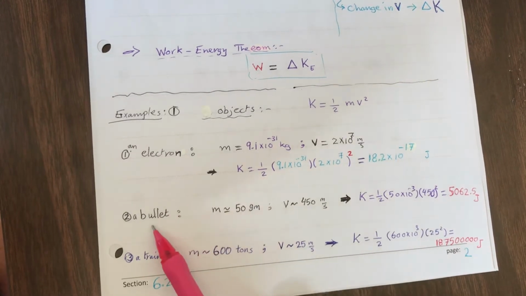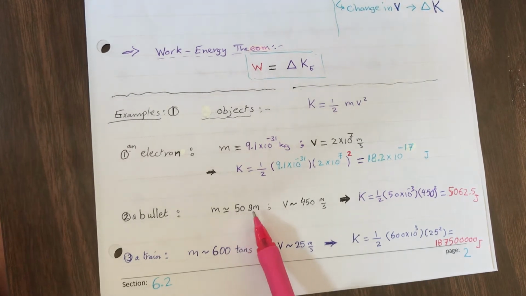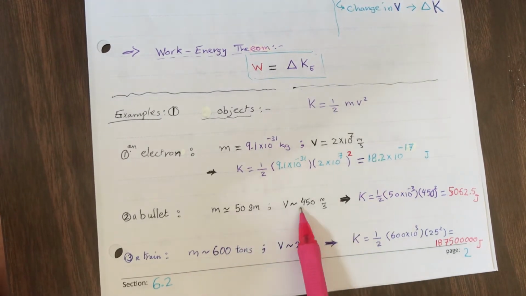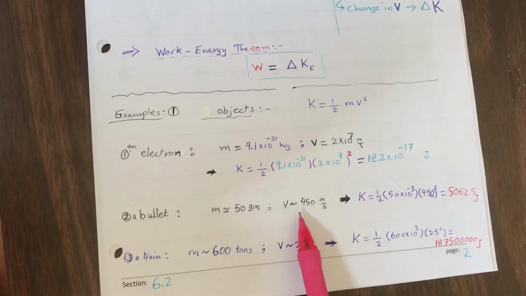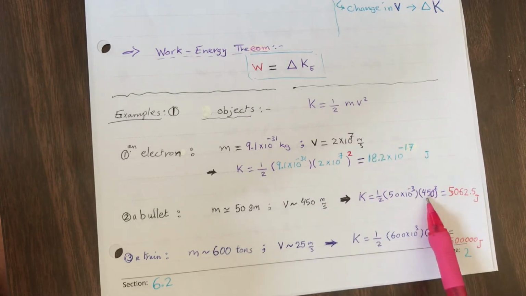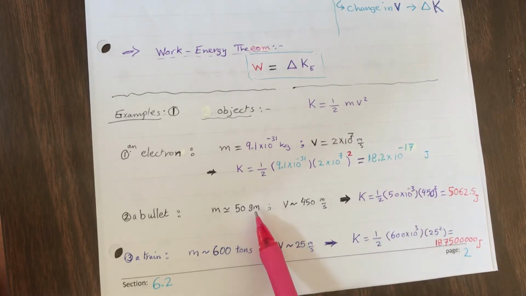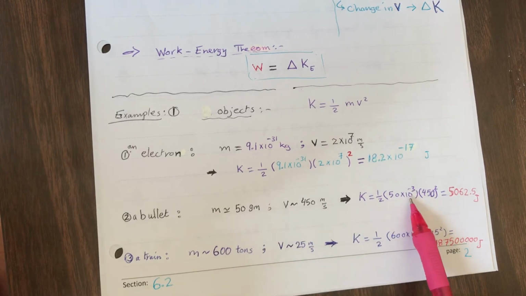Okay, what about a bullet? If the mass of the bullet is about 50 grams and its velocity is about 450 meters per second, then the kinetic energy is half the mass multiplied by the squared velocity. The mass in kilograms, we need to convert grams to kilograms. We just need to multiply by 10 to the minus 3.